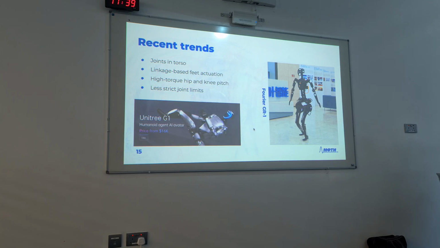What is going on in humanoids now? That's my personal opinion. What's happening is the dexterity, the agility is increasing. So the robots are slowly gaining the joints that were previously absent in them.